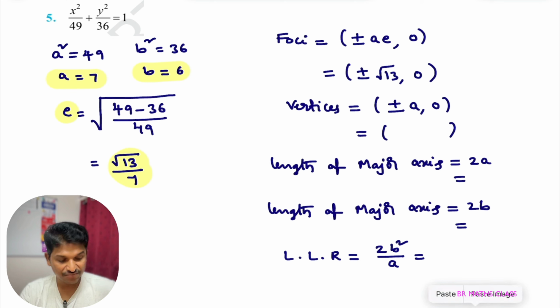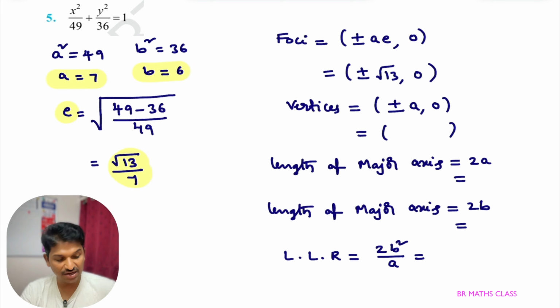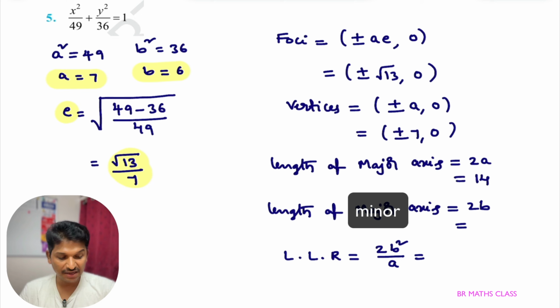Vertices formula is plus or minus a comma 0. As a is 7, vertices are plus or minus 7 comma 0. Length of major axis formula is 2a. As a is 7, 2 into 7 is 14. Length of minor axis formula is 2b. As b is 6, 2 into 6 is 12.